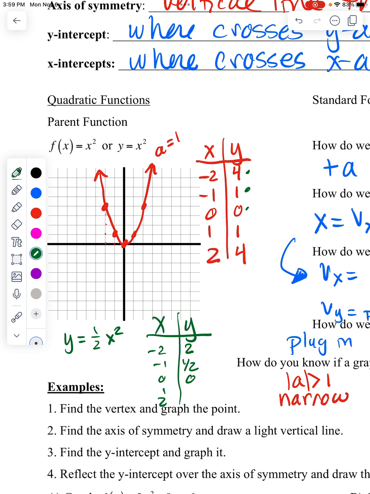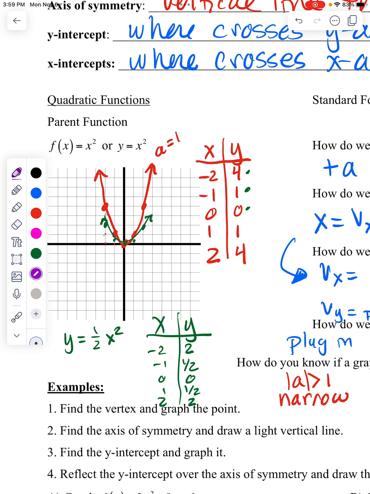Half of 0 is still 0, 1/2, and 2. So if I graphed those at -2, I'd only go up 2. Here I'd be up a half, 0, half, 2. So what would happen here is I'd end up with a wider parabola, kind of scooping out further. And so that's not going to be as steep.